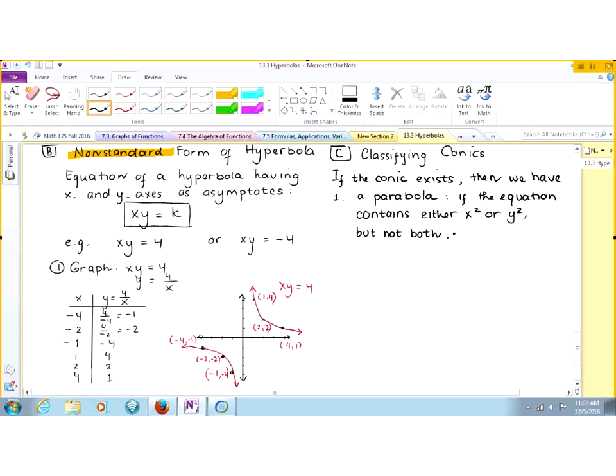If a conic exists, meaning excluding the degenerate cases. So if the equation contains either x squared or y squared, but not both. Now, when is it an ellipse?